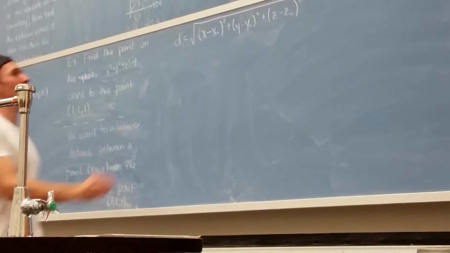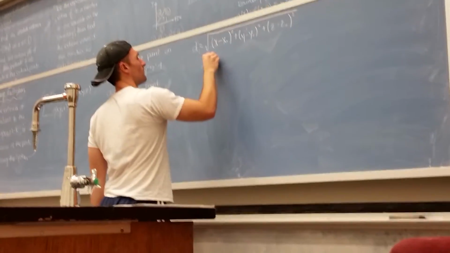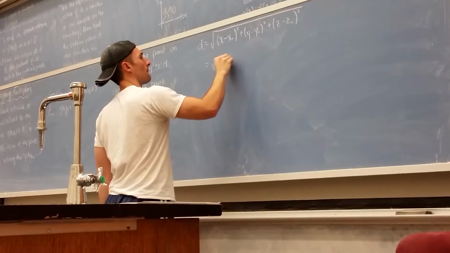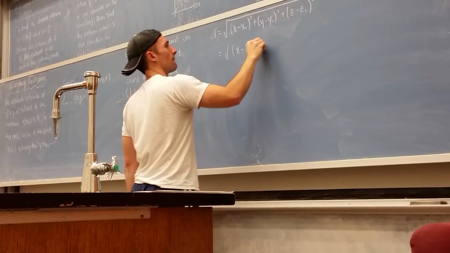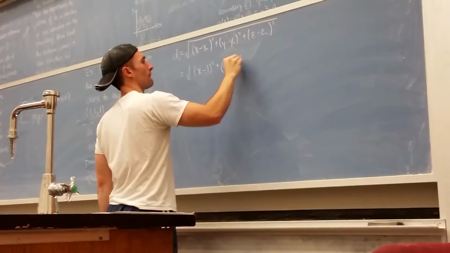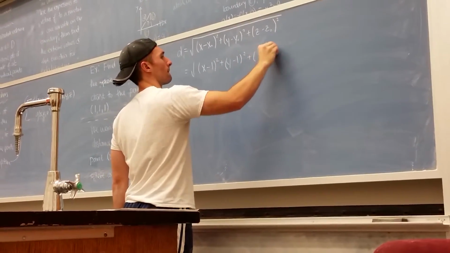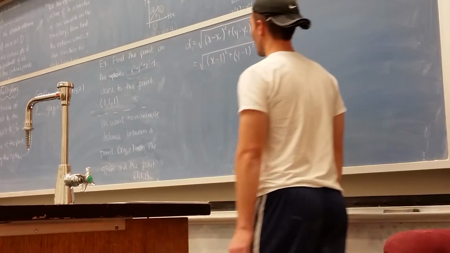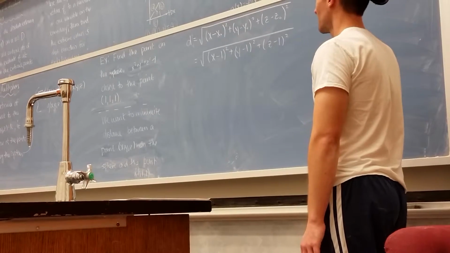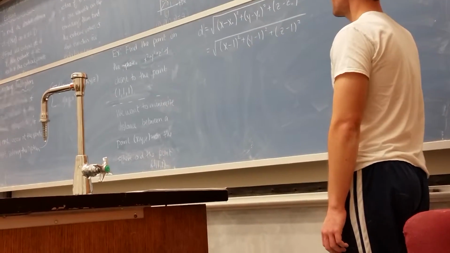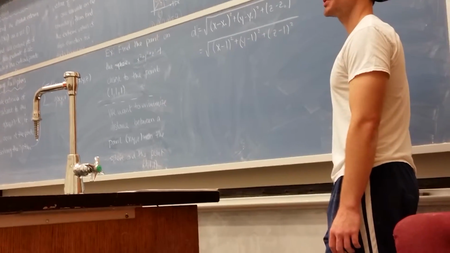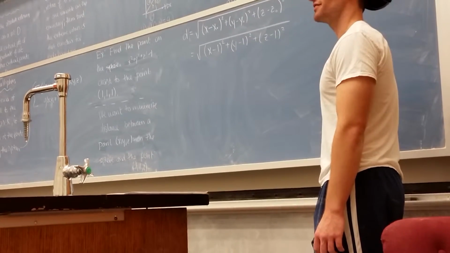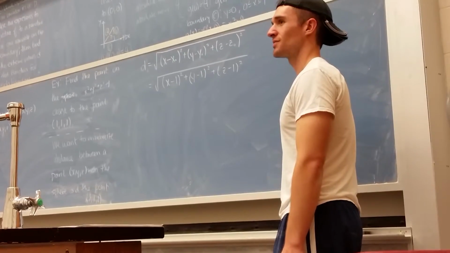So then this becomes the quantity that we want to minimize. Notice that this quantity is minimized when the stuff under the square root is minimized.